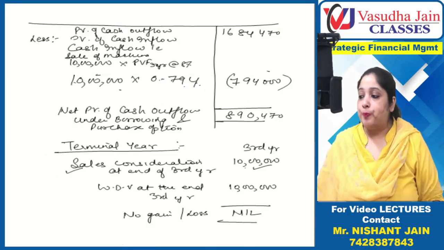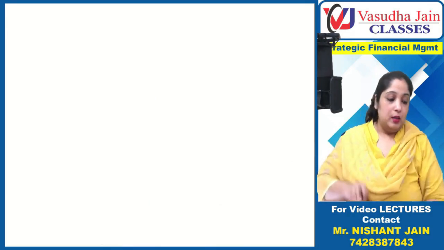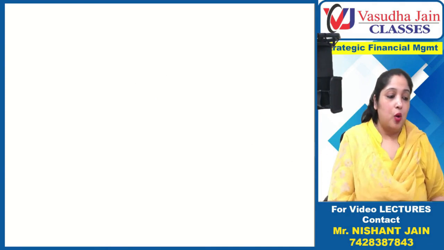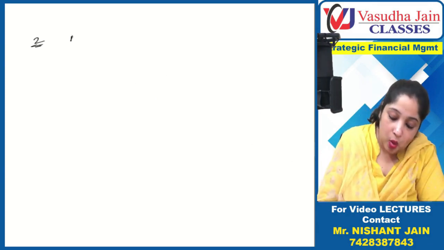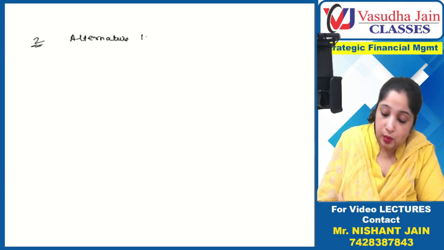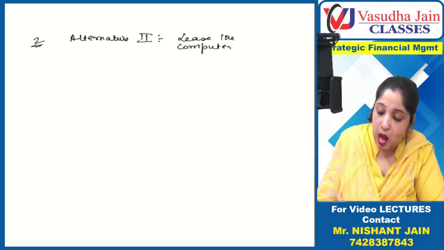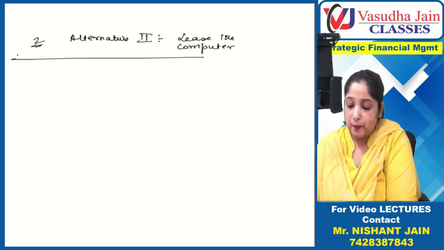Let us go to the computation of the second alternative, that is, lease the computer. Now let us see what the outflows, inflows are, and you will see what an easy calculation it is.